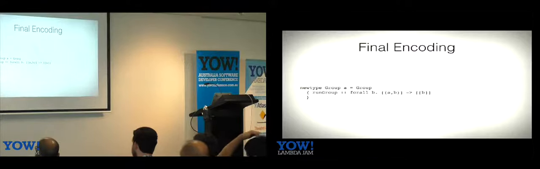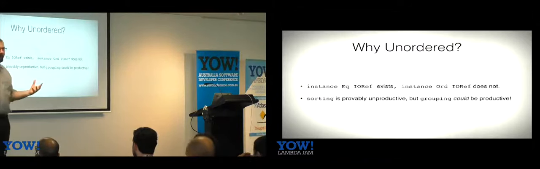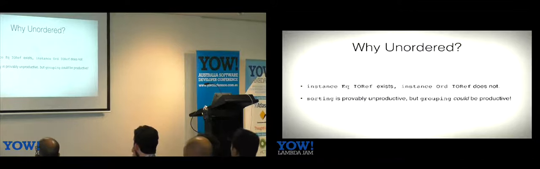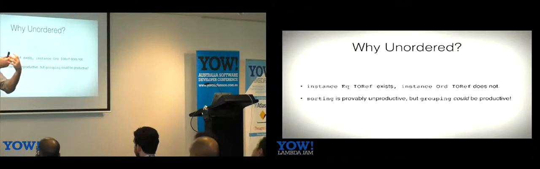So here we have our notion of grouping that we want to work with. And where might these come up in practice? Well, IORefs have an equality instance. You can compare two IORefs for equality to see if they're the same pointer, the same thing that's pointing off to whatever it could be pointing off to. So if you have the same object in memory, when you change it, it will change all of the other members that compare equal in the IORef, right?